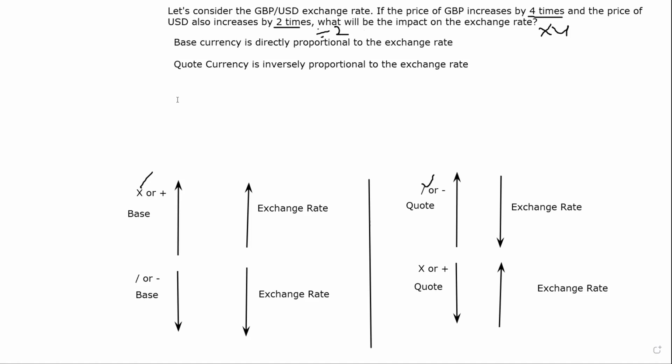Now we're going to perform our answer. 1 multiply by 4, and we're going to divide it by 2. 1 into 4 is 4, 4 divided by 2, the answer is 2 times. Increases by 2 times. So this means that the exchange rate will increase by 2 times.